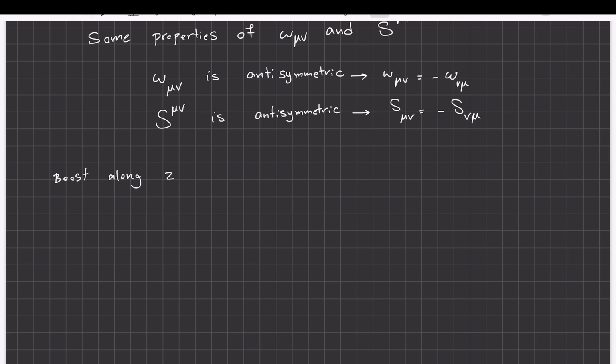So when we are boosting along the z-axis, we're trying to write down those terms here. We only have the components where mu is equal to 0 and nu is equal to 3. Again, mu for time and nu 3 for space, and vice versa.